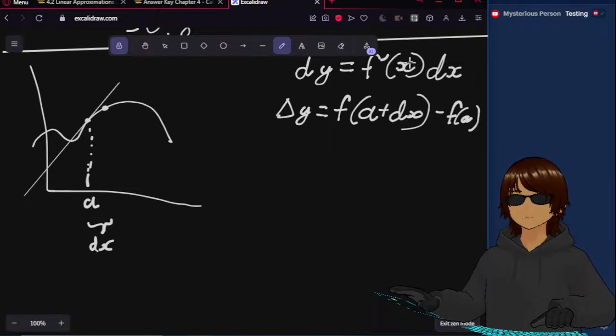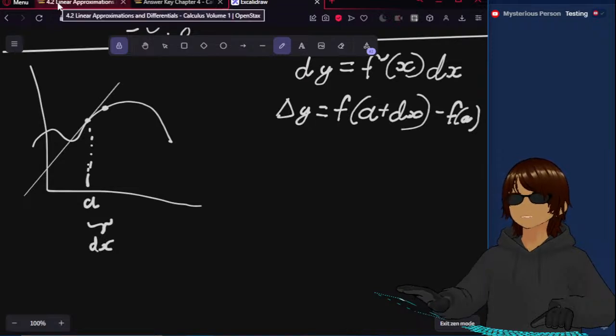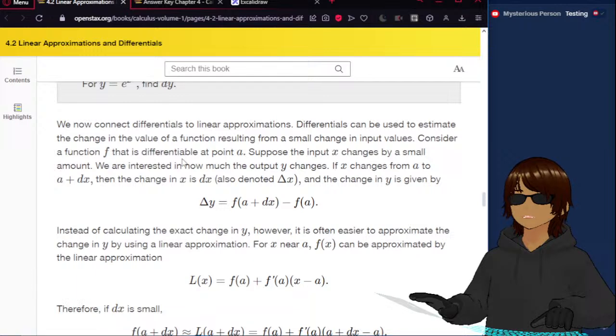Shouldn't this be? Never mind. So delta y would be the actual value, right?